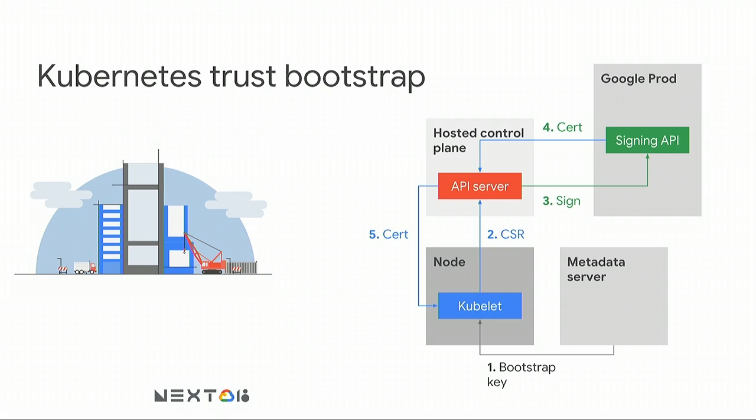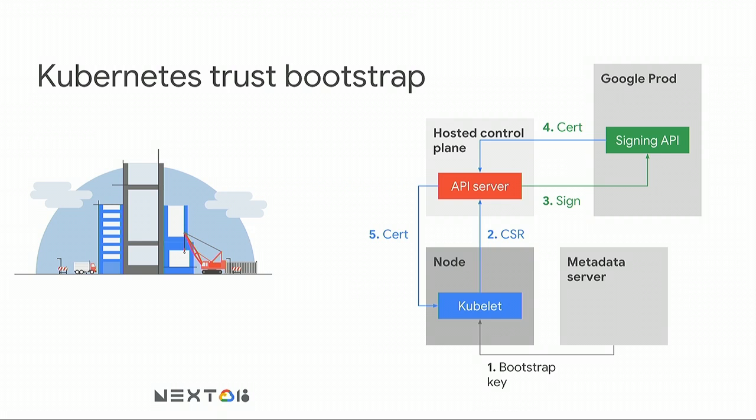The API server receives that CSR and checks that it's authenticated with that bootstrap key. It does some other checks on the CSR itself, and then it sends it off via a webhook to a signing API, and that's actually running outside the cluster. So that hosted control plane is running on a GCE VM, and the Google prod box is, you may have heard of Borg, our internal infrastructure.